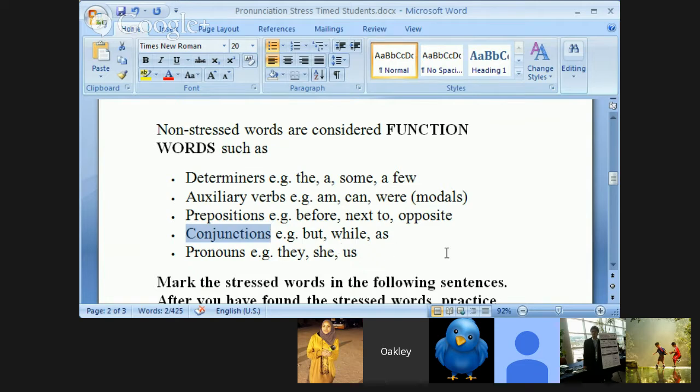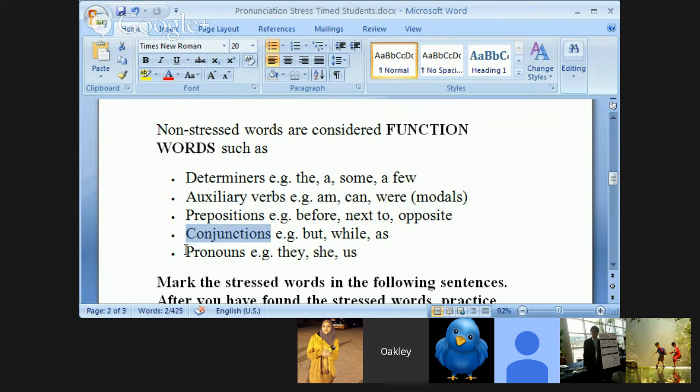Conjunctions that we use to join two clauses together. That includes our connectors like but, and, for, yet, so, as well as other subordinators like while, when, as, because. Quite often reduced in pronunciation, spoken very quickly.